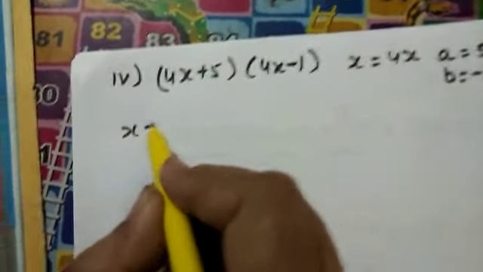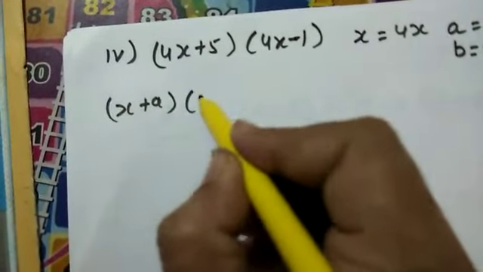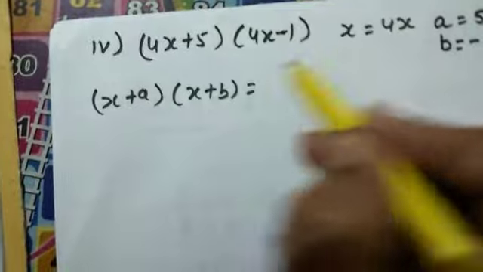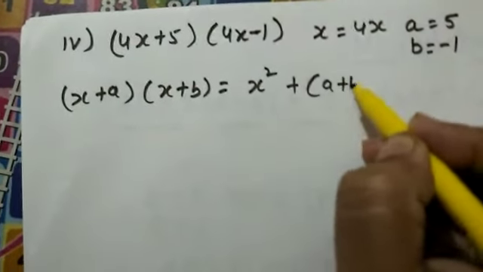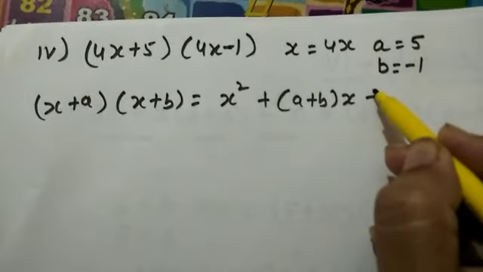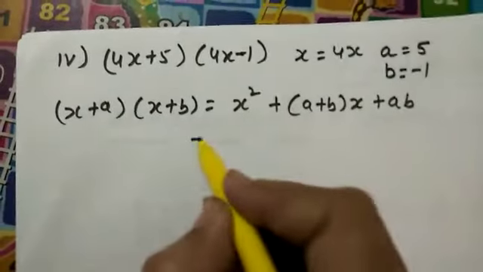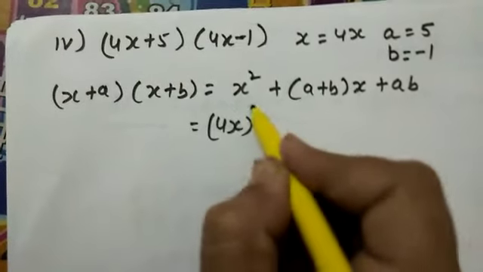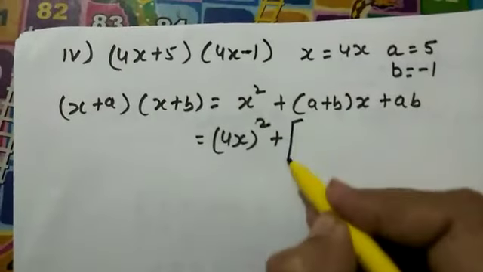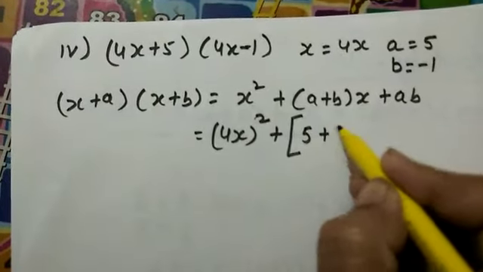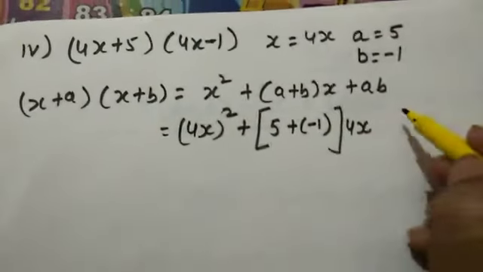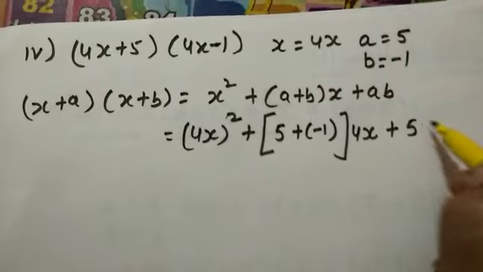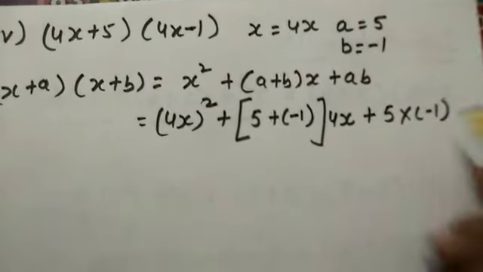So we'll use the same identity, (x + a)(x + b) equals x² + (a + b)x + ab. Now x we have (4x)², a is 5 and b is −1 multiplied by 4x plus 5 into −1.